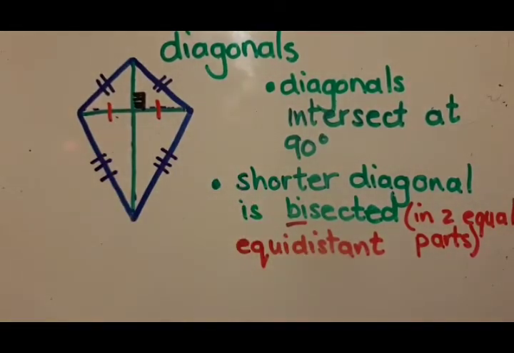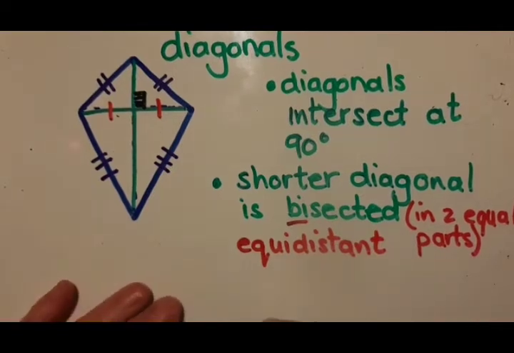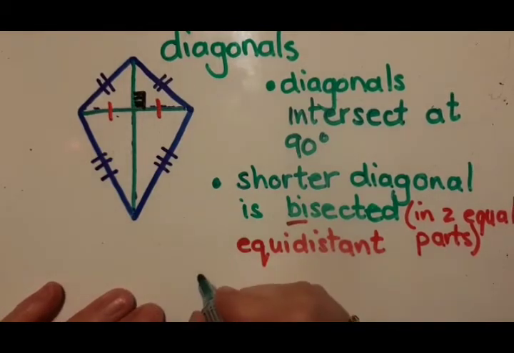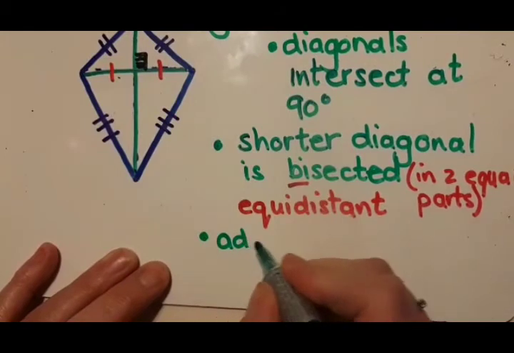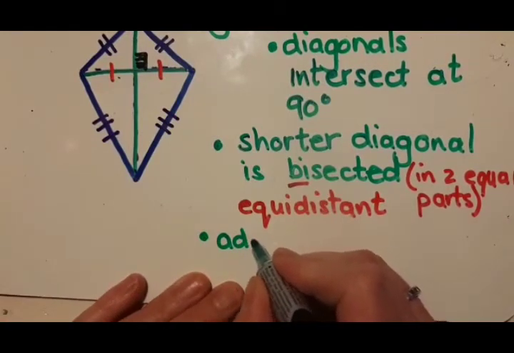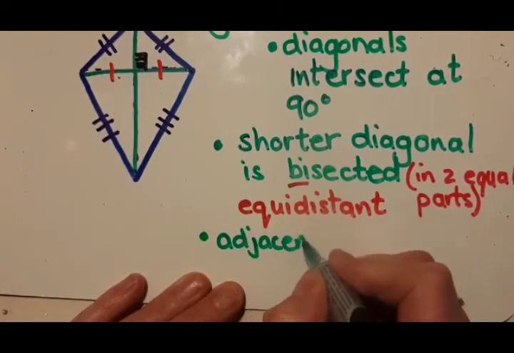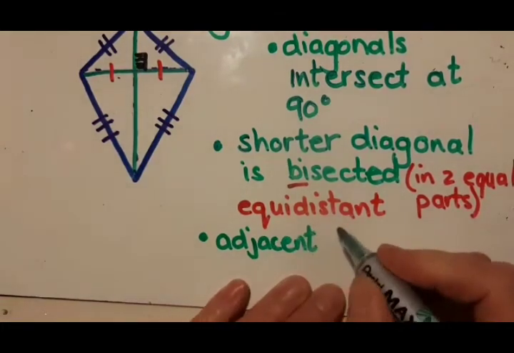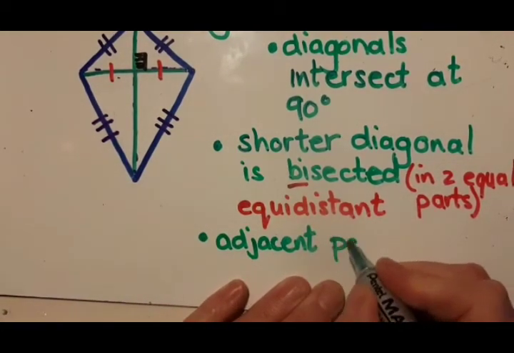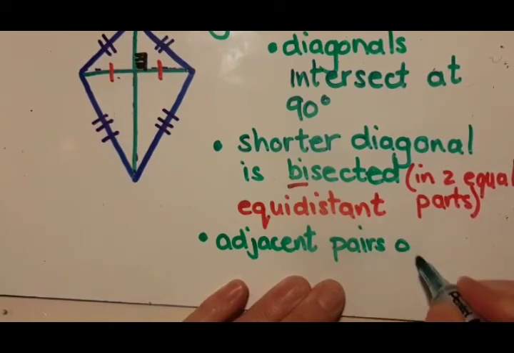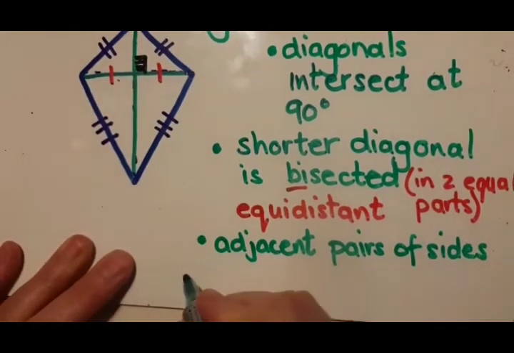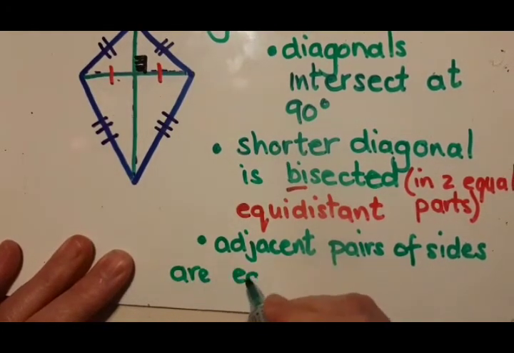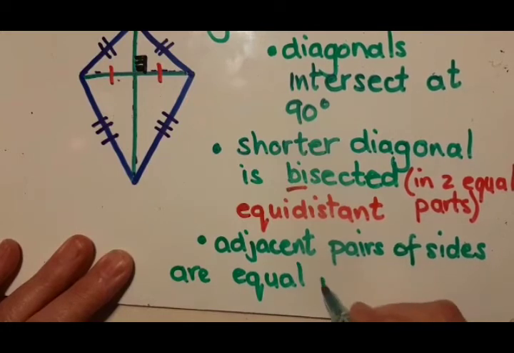So we can say of a kite that the adjacent pairs of sides are equal in length.